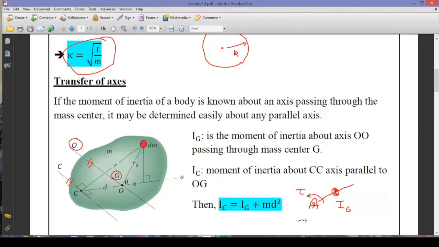Now, for that, this torque or the moment is equal to, if we call this location O, IO times alpha, but we don't know IO. That's something I need to find out. Or I could have calculated this in a different way.